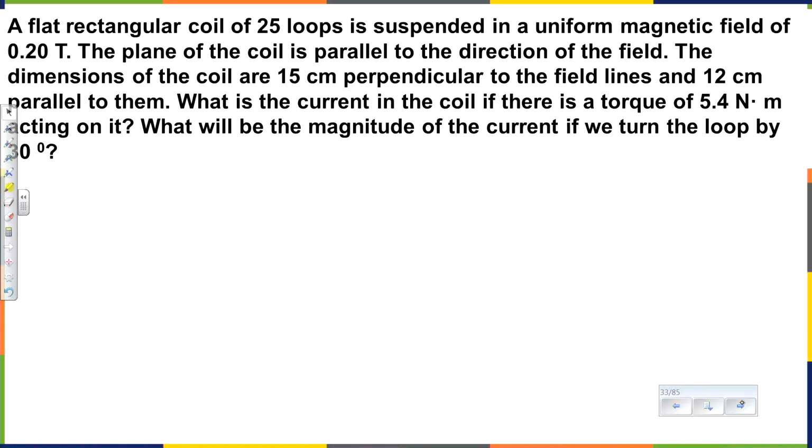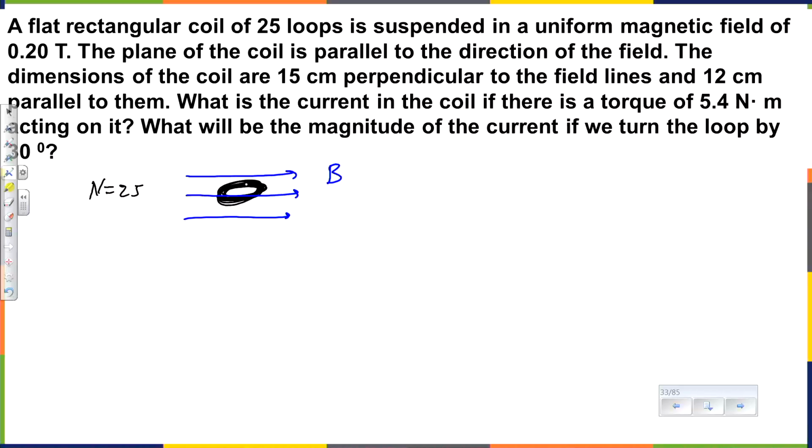A flat, so it means not bent, coil has 25 loops in a uniform magnetic field, the plane is parallel to the direction of the field. That's a very important statement. As we know, the direction matters. So magnetic field should be like this.